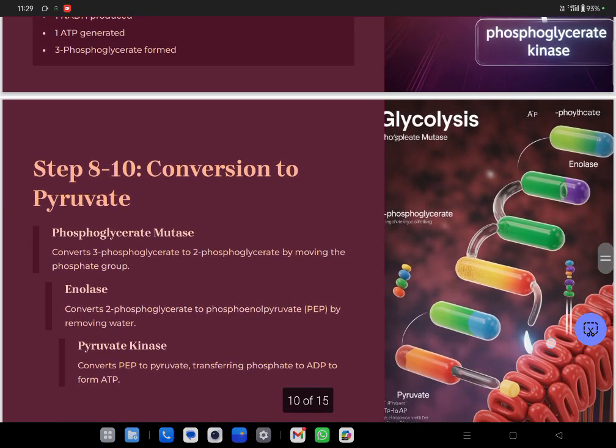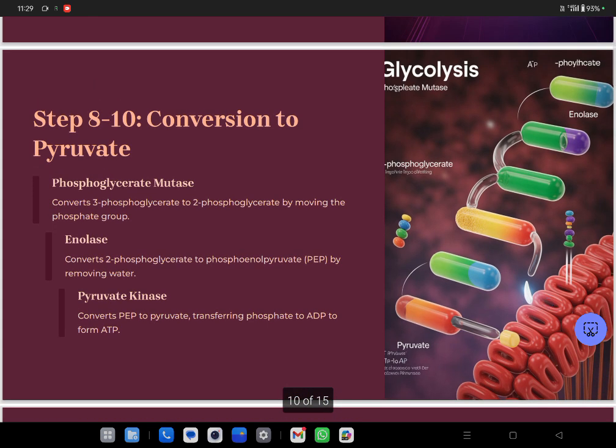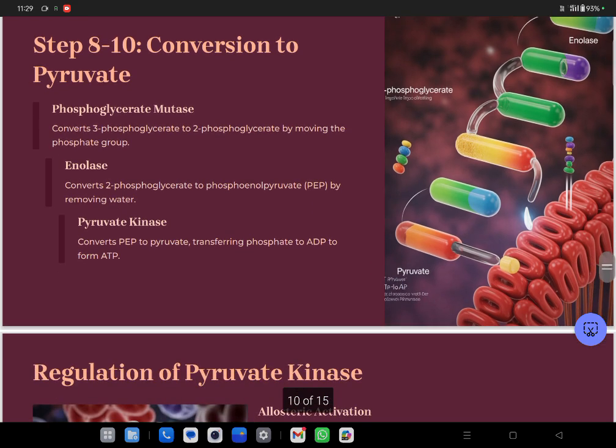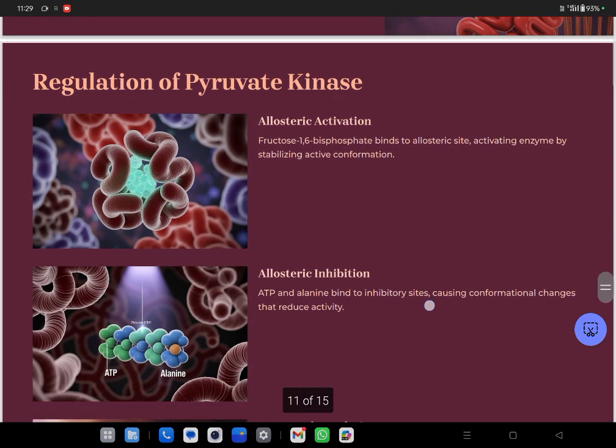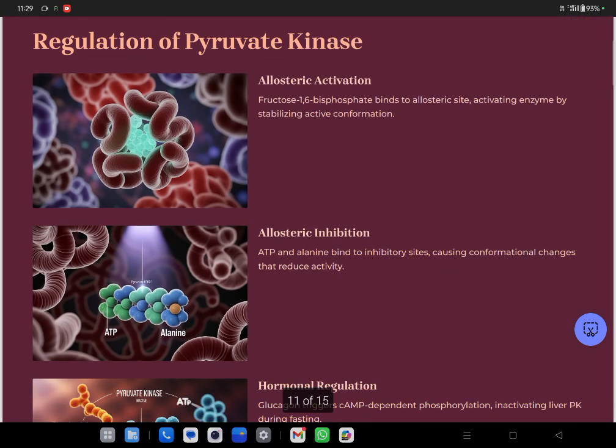But initially in the first investment phase, you had already lost 2 ATP molecules. So net production is 2 ATP molecules.